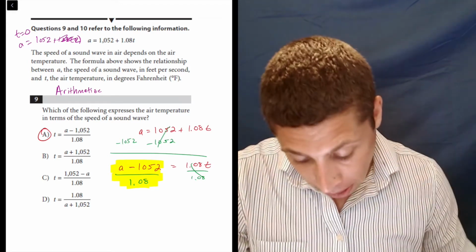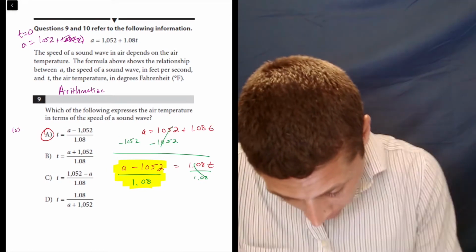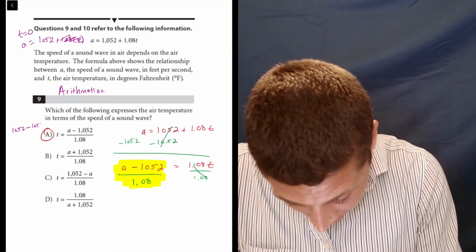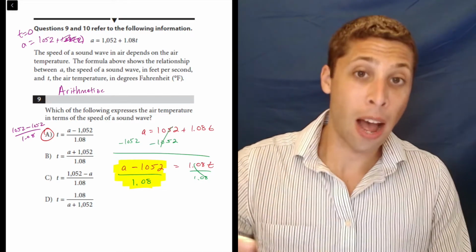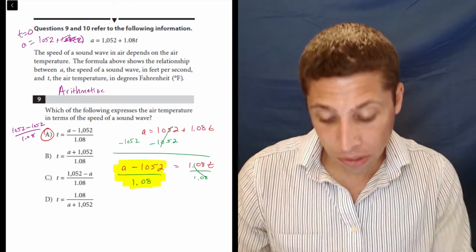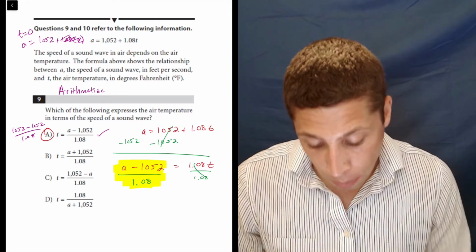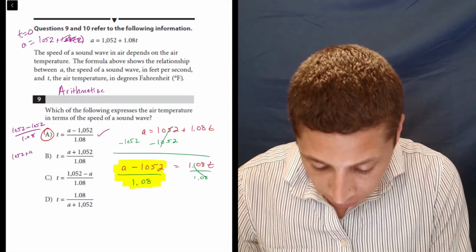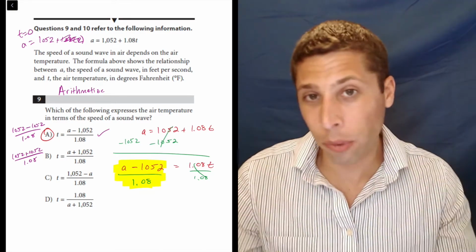If I were to put 1052 minus 1052 into choice A, we would see that the top would be 0, and so the whole thing would be 0, which is what we'd want because t is equal to 0, so that would check out. But if I did that to choice B, 1052 plus 1052 divided by 1.08, we're going to get a huge number, right?